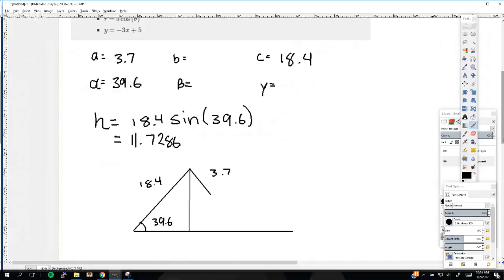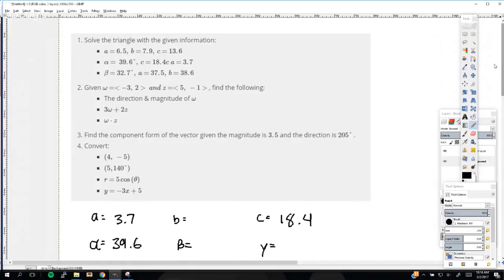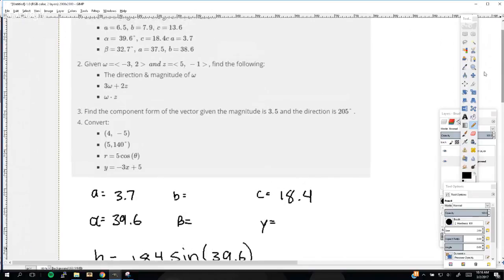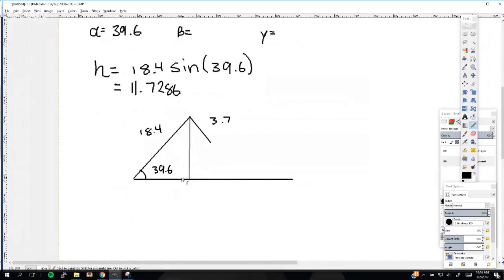Wait, is that right? Did you switch up the 18? No, that's right. I just thought it was kind of weird that 18 is way longer than this other side. And then the height was 11.7286.